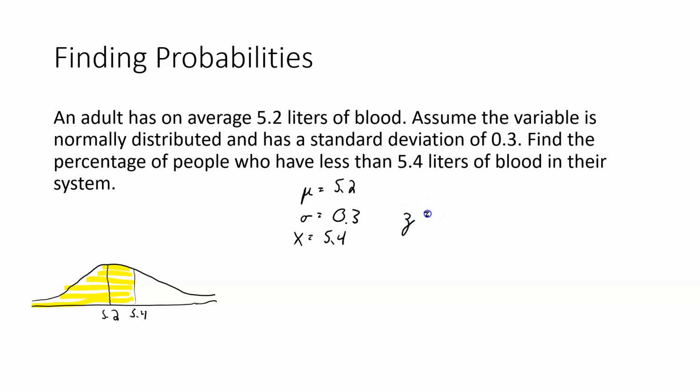So z is equal to 5.4 minus 5.2 all over 0.3, which if you simplify that, 5.4 minus 5.2 is 0.2. 0.2 divided by 0.3 is approximately a z-score of 0.67.